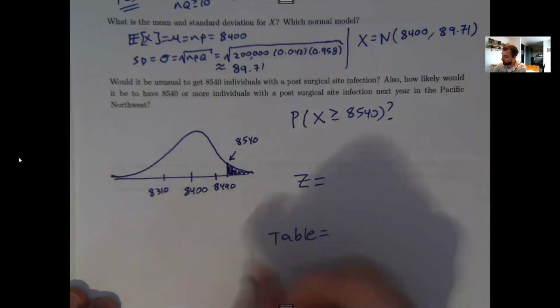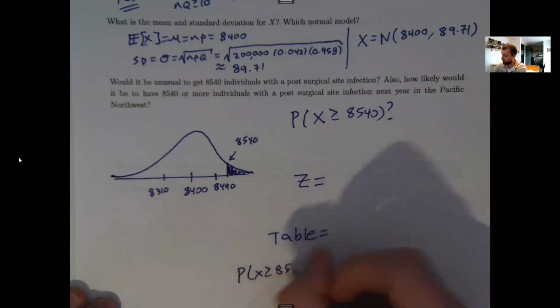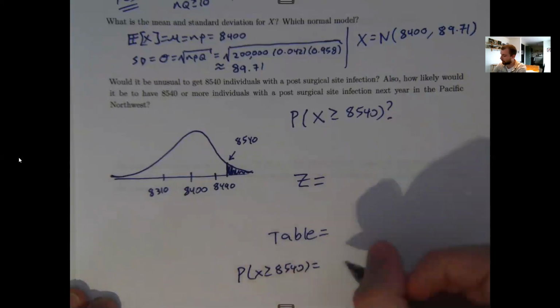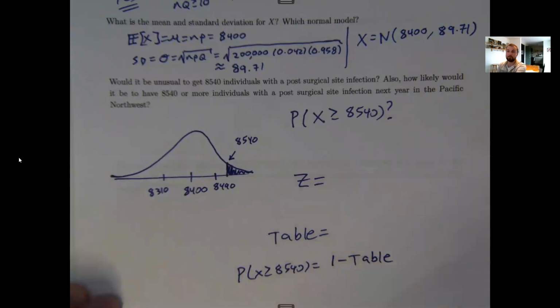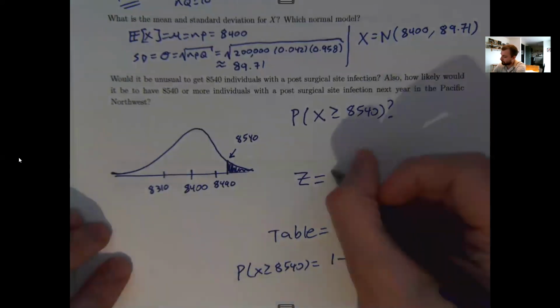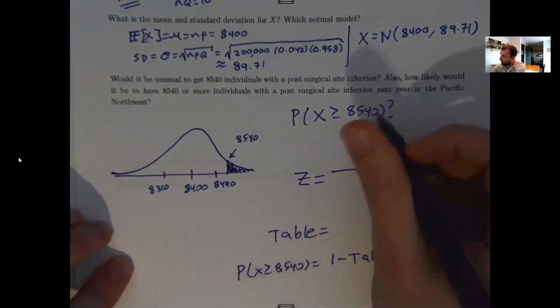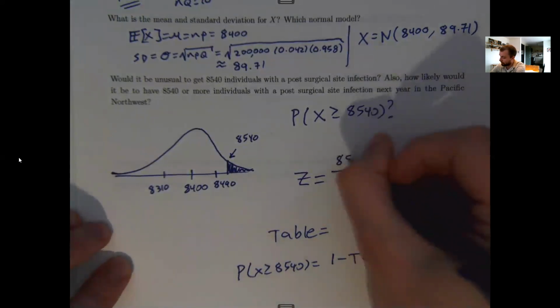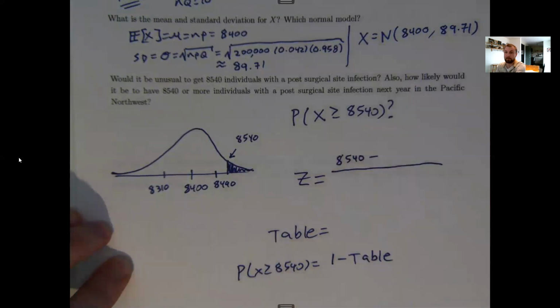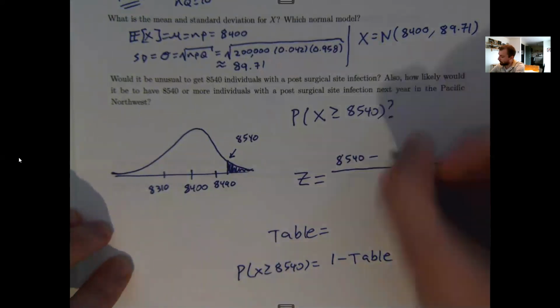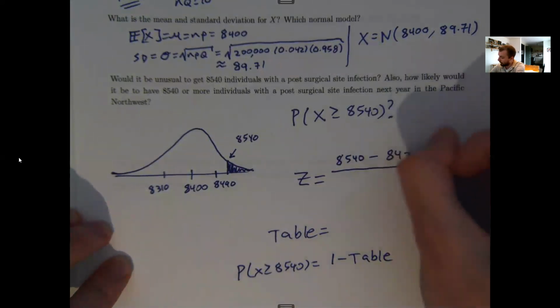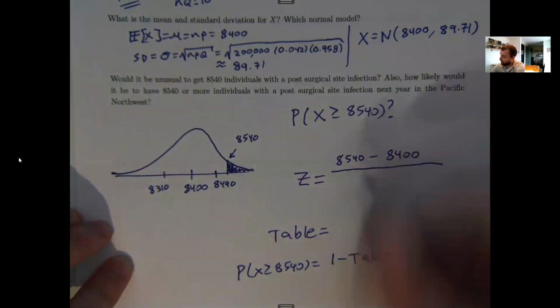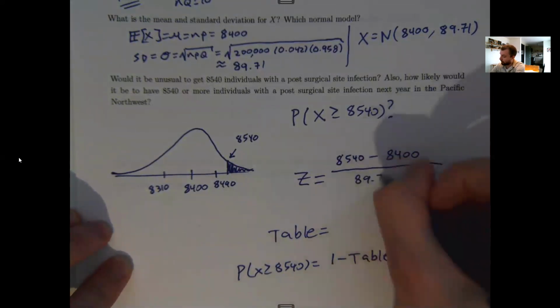So when the time comes to find my probability, just a reminder, I find probabilities that are shaded to the right by doing 1 minus the table value. Let's find the z-score. I'm going to take the value that I'm concerned about, 8,540, subtract my center, and divide by my standard deviation.